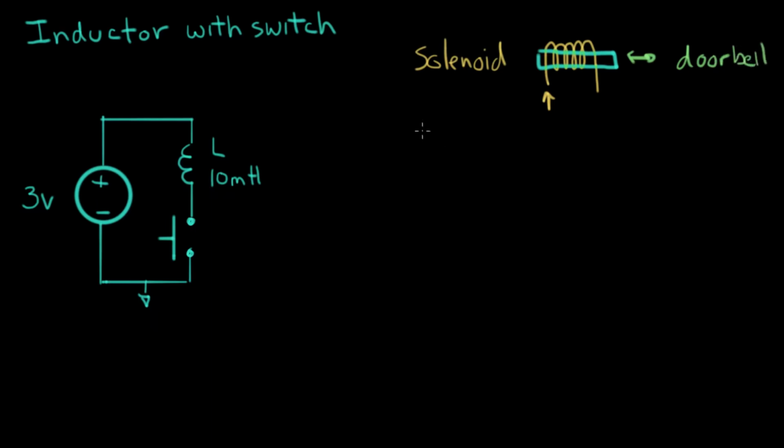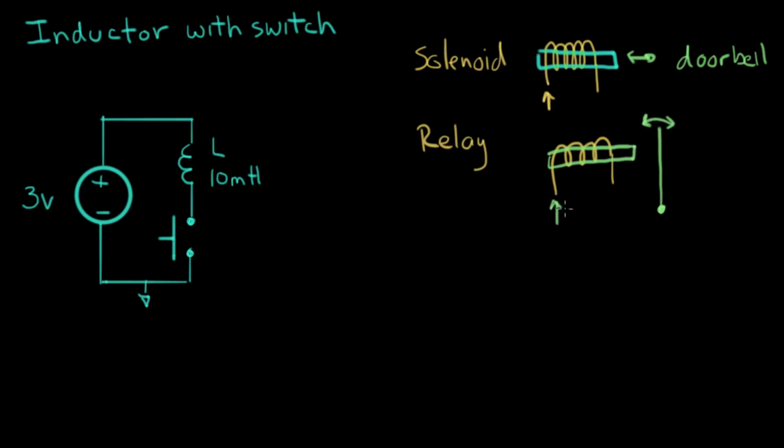Another kind of device that has an inductor in it, or a coil, is called a relay. And that one, again, has a coil like this. These are all forms of an electromagnet. And this one actually has a switch, some sort of a piece of metal that will move back and forth.